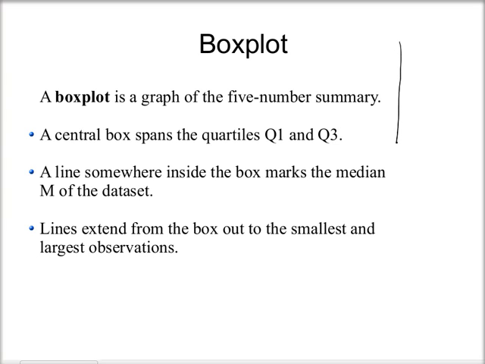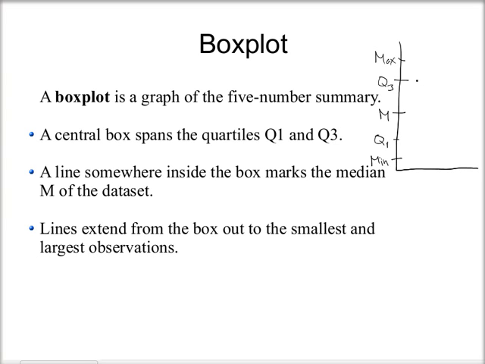So if I've got an axis here, and I'm going to draw my box plot in this area. Let's say my minimum is at this point. My first quartile Q1 is here, my median M is here, my third quartile Q3 is up here, and my maximum is up at the top here.